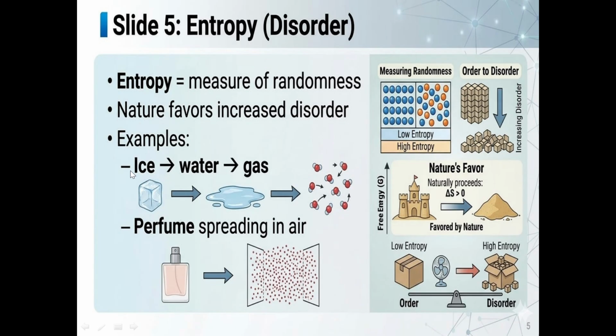Here is a simple example: ice converts into water and water converts into gas. In ice the molecules are packed and there is less disorder, in liquid the disorder is a little higher than ice, and in gas there is a lot of disorder because of the free spaces between the molecules. Here is another example: perfume spreading in the air. This is also because of entropy, which means disorder.